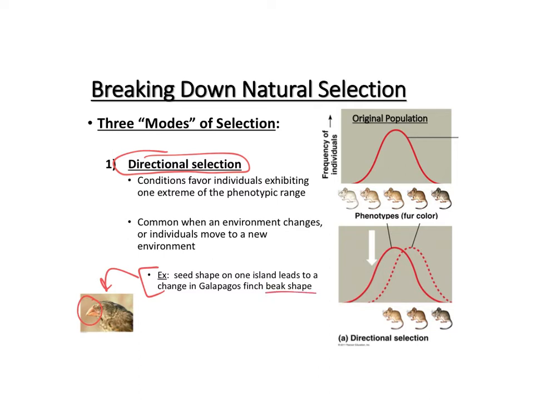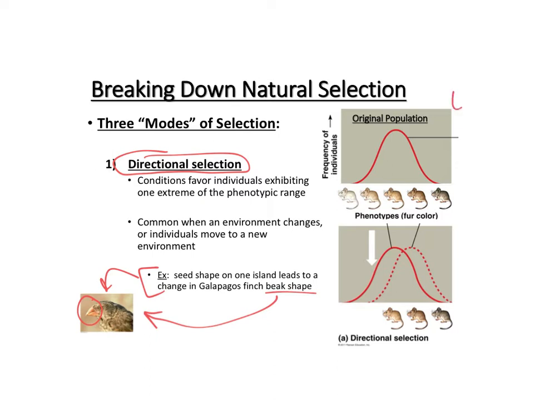All the birds over time trend toward having these large beaks because they're the ones that can eat and survive. So in this case, relative fitness is in favor of having these large beaks.